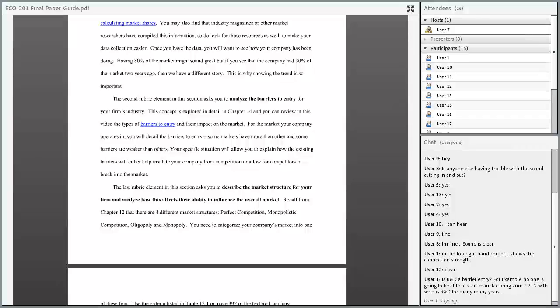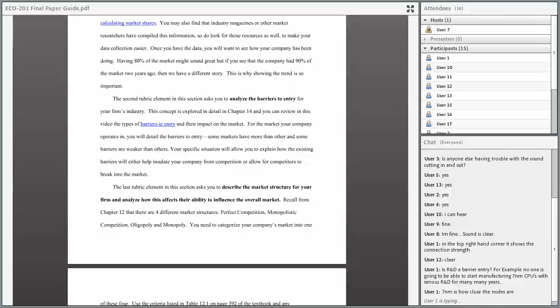If they have a patent on it, then nobody would be able to manufacture it until the patent expires, and that creates a barrier to entry. For example, patents as barriers to entry are very common in the pharmaceutical industry because they come up with new meds that nobody can sell until the patent expires.